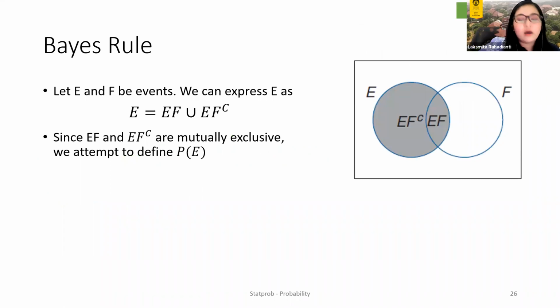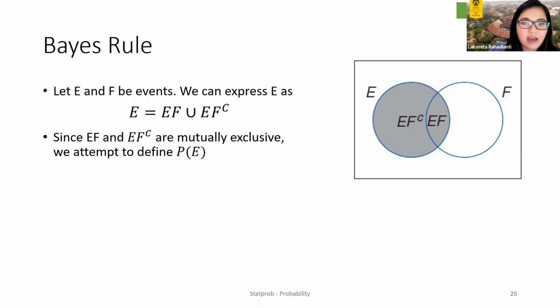So we're talking about more than one event, right? If I am talking about a certain event E, so here is my Venn diagram. If I have E here, I could define the event E as a union between EF and EF complement, because I wanted to define E as a combination and how it is related to EF.